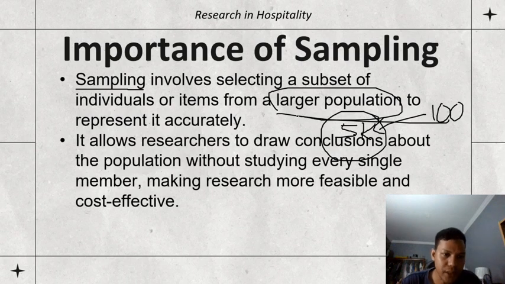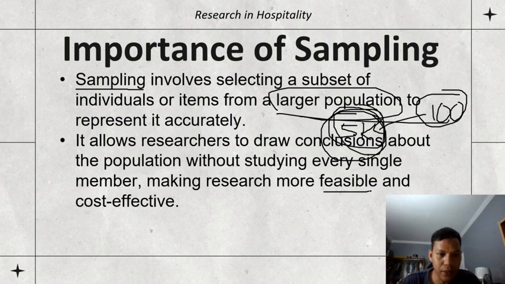Next, it allows researchers to draw conclusions about the population without studying every single member, making research more feasible and cost effective. As I have discussed, instead of studying the 5,000 employees, we will only study 100 employees that will represent the 5,000. So it will become more feasible and at the same time cost effective.